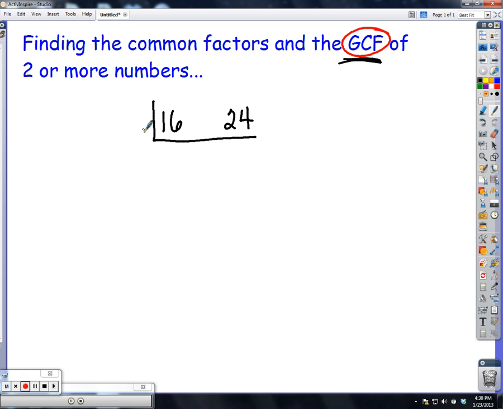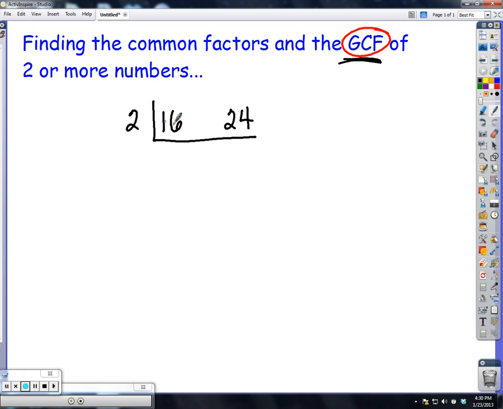But remember, 1 is not a prime number. 1 is neither prime nor composite, so we can't use 1. If you recognize that both numbers are even numbers, it makes it a little bit simpler. 2 is the smallest prime number that both of them have in common with each other.